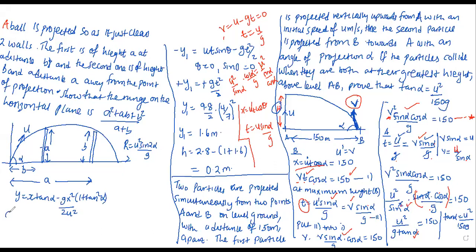So for case 1, the first wall, the height is a, the horizontal distance is b, minus g b squared over 2u squared into 1 plus tan squared alpha.